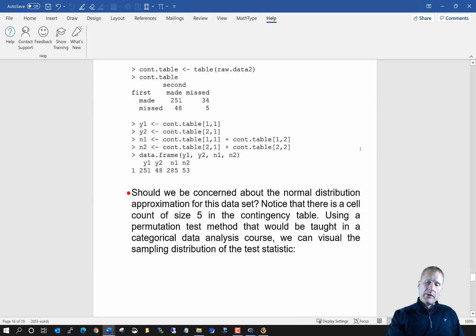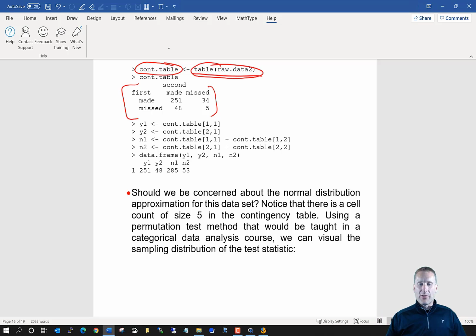Well, when that happens, you can go back to using that table function with it to actually find the contingency table. And so now I have all those cell counts, and I can proceed in the same way as I've done before. If you wanted to make it a little bit fancier, you put the results from table into an object called cont.table, for the lack of a better name.